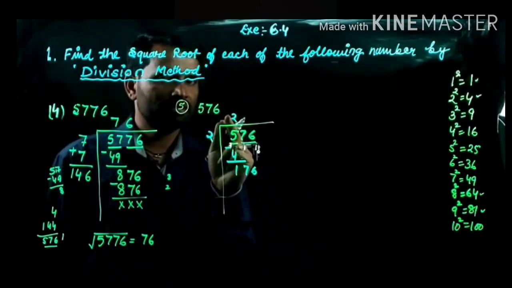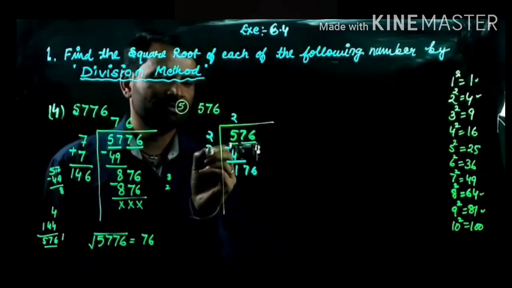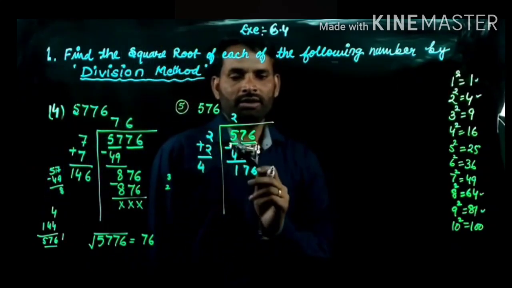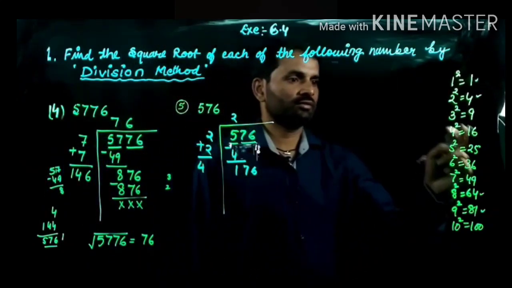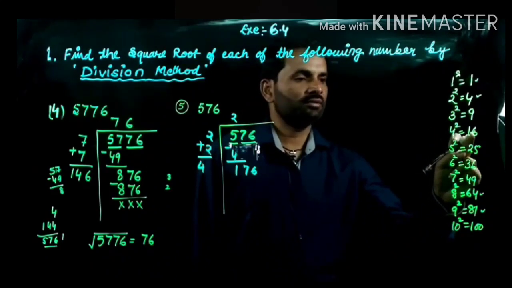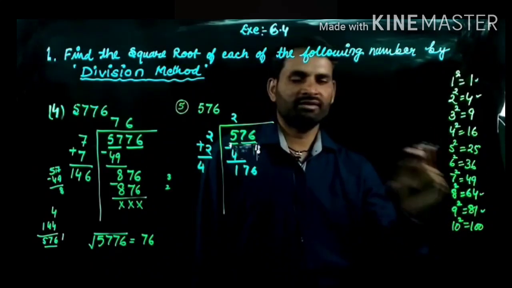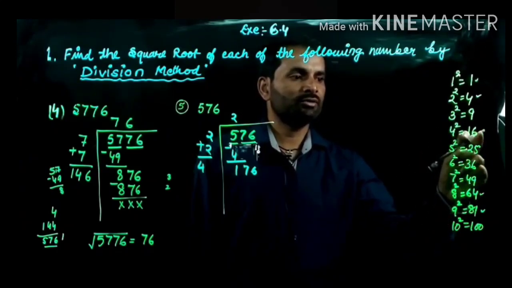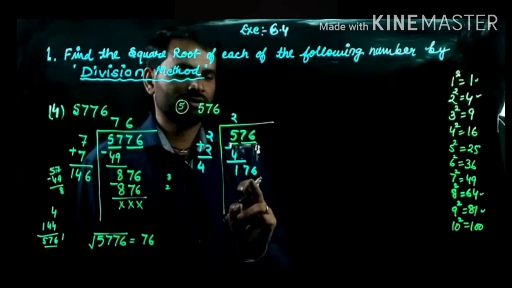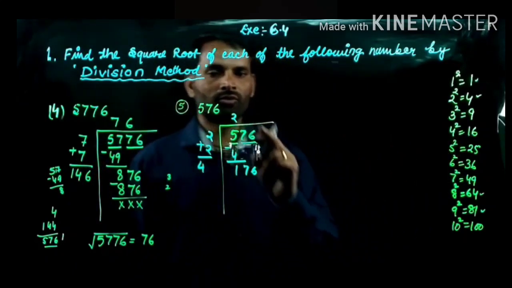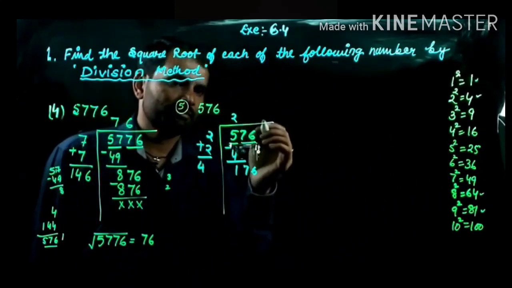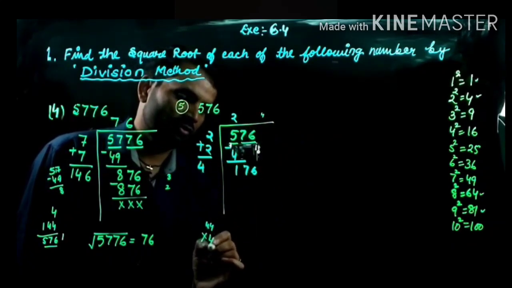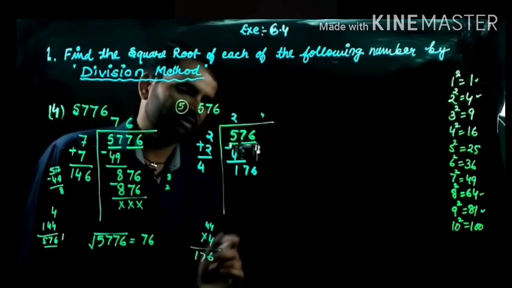Then 2 plus 2 is 4. Next will be 6. The 6 can come from 4 or 6, since the square of 4 and of 6 has unit digit 6. Suppose you choose 4. Here the number is 44 into 4, which is 176.